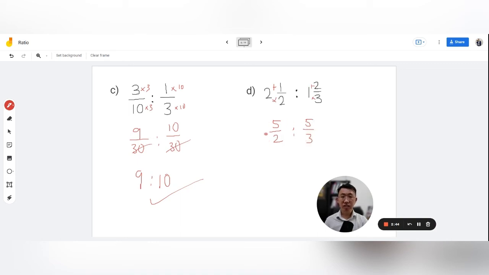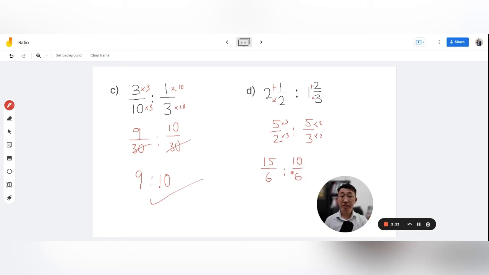Alright, now notice that I have already changed to improper fractions. Now, same technique, you're going to make the denominator the same. So I'm going to times 3, times 3. Here, I'm going to times 2, yeah. And change the question to 15 over 6 ratio to 10 over 6.